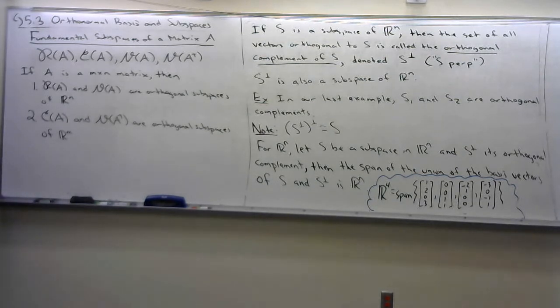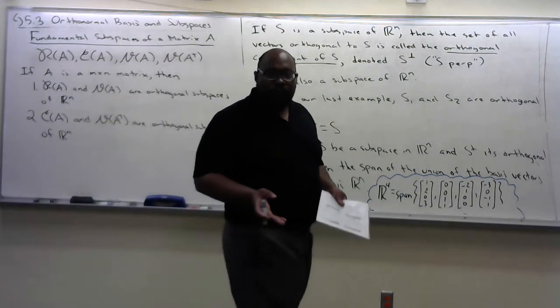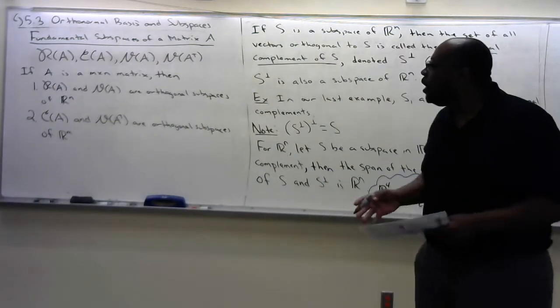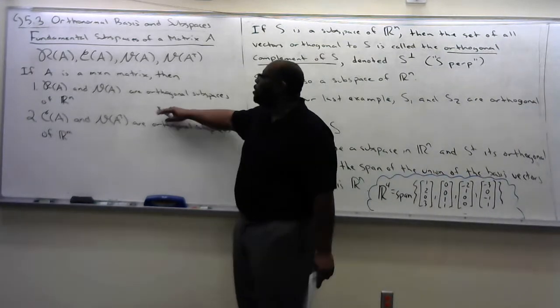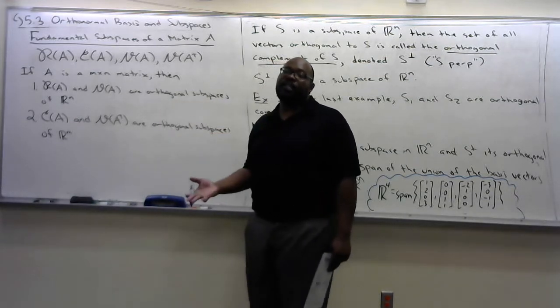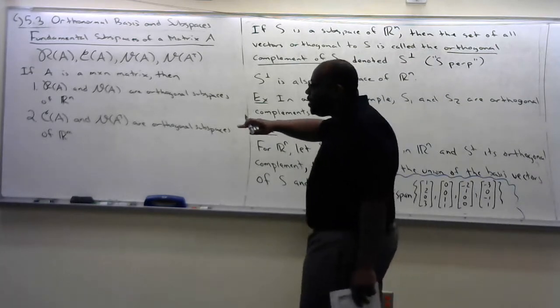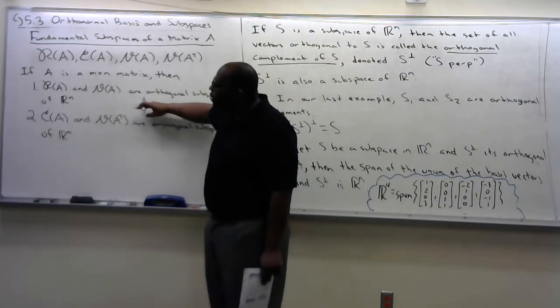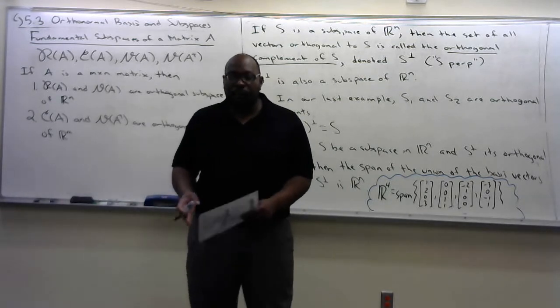Which is really neat. And because we have these fundamental subspaces, where we know that the row space of A and the null space of A are orthogonal complements of each other, we can use this relationship to come up with any orthogonal complement of a subspace.